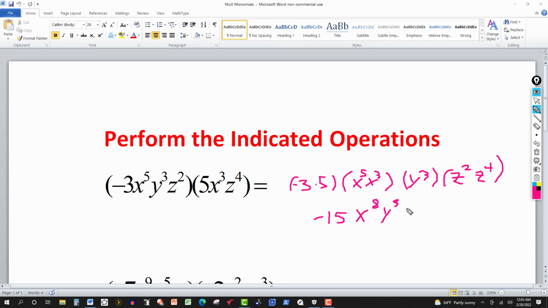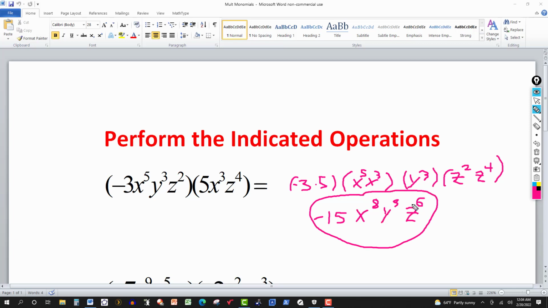Then bring down the next one, z squared times z to the 4th, bring down the base. Add the exponents, 2 and 4 is 6. And notice I don't really have to put a multiplication dot here because it's understood to be a multiplication there. So this is the product of those two monomials.